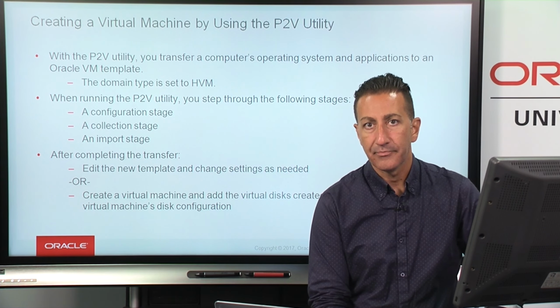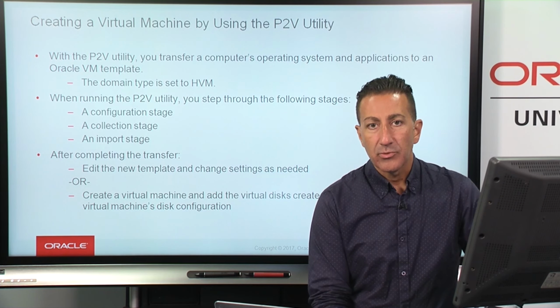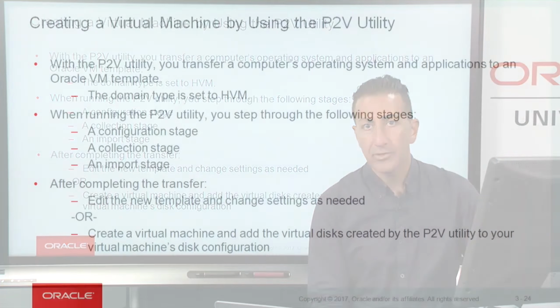After you transfer to a template, you could create a VM, and if you want, you could modify this domain type to another one, a PVM or an HVM with PVM drivers. When running the P2V utility, you have an assistant that takes you through different steps or stages. The configuration stage, in which you need to provide some attributes or parameters.